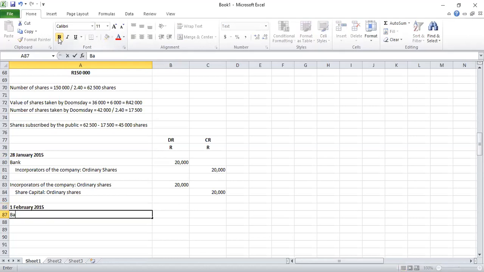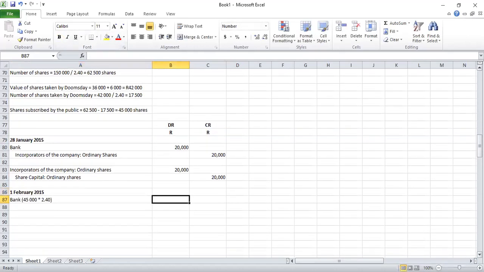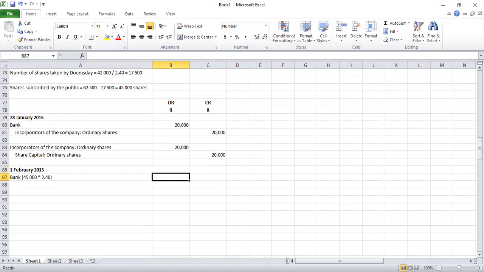We debit our bank to receive the application monies. Remember, only 45,000 shares were applied for, times 240. What do we get? $108,000.